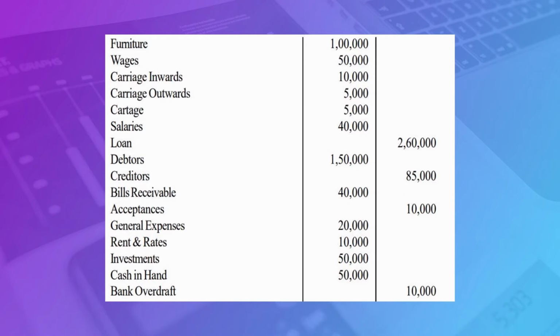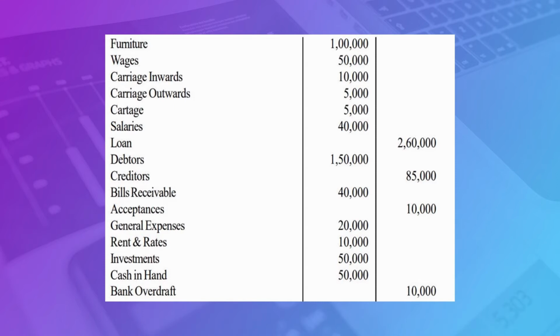We have to receive the amount from those persons, therefore it is an asset. So, debtors have a debit balance of 1 lakh 50,000. Creditors are liabilities and will have a credit balance of 85,000. Creditors are those persons from whom we have bought goods on credit. Then bills receivable, again an asset for the business, will have a debit balance.